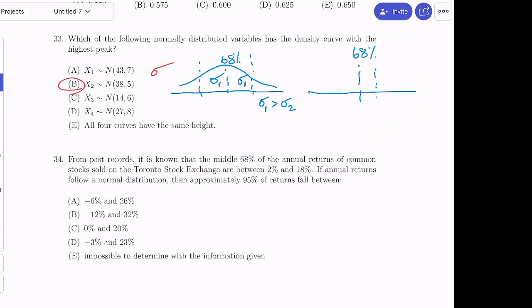Oh, I'm going to get it out of the way. This area here has to be the same if I narrow.